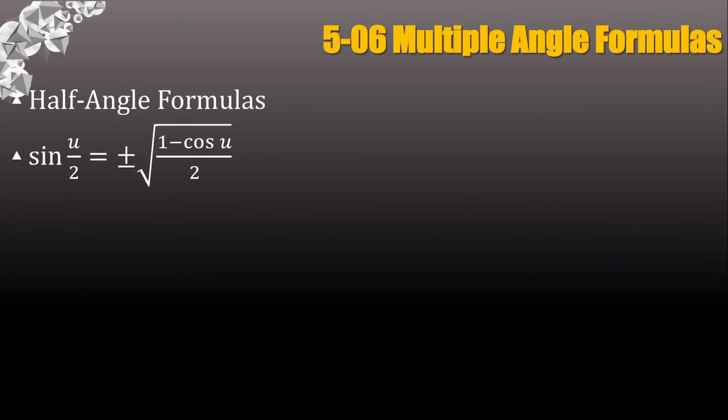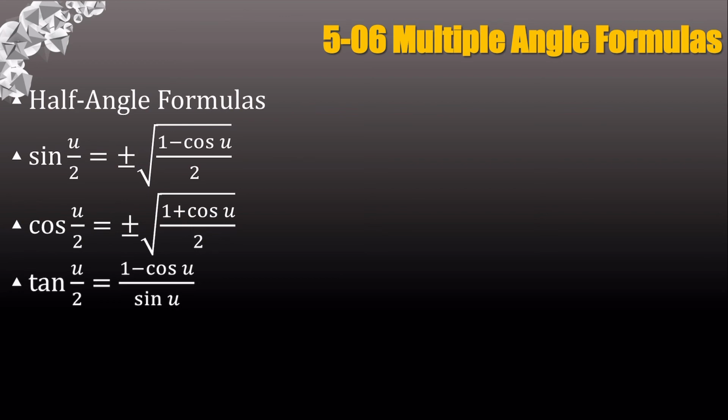There's sine, cosine, and tangent. The plus and minus means you're going to have to choose whether it's a plus or a minus based on where it is located. And you have two choices for tangent.